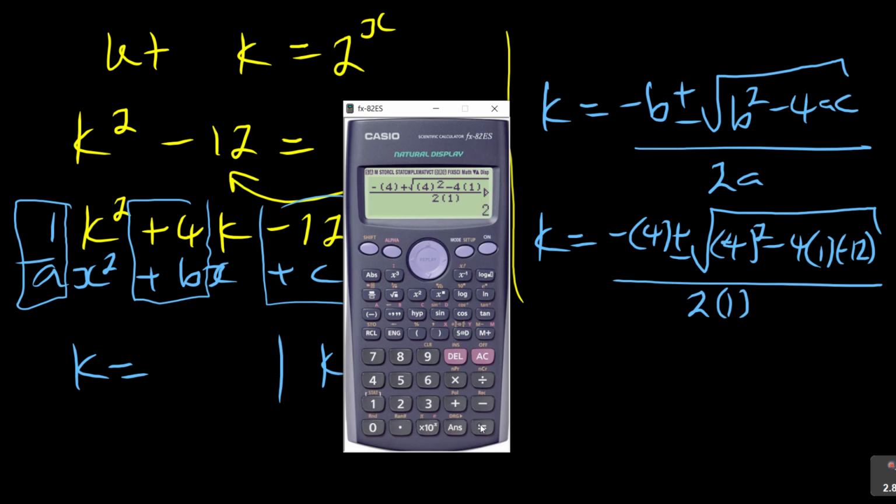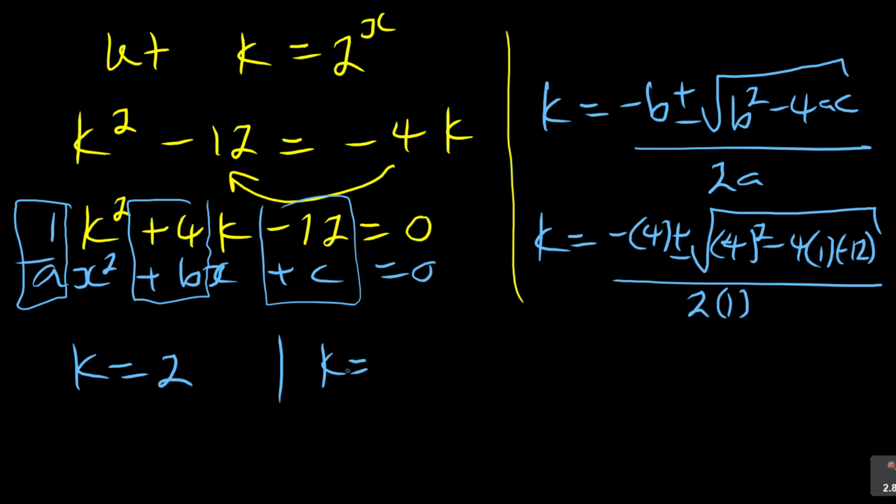Alright, equal to, there, K is 2 or K is minus 6. K is equal to 2 or K is equal to negative 6. These are the two answers I'm having.